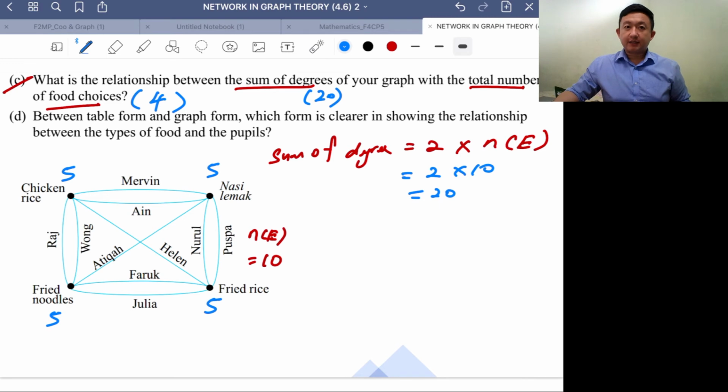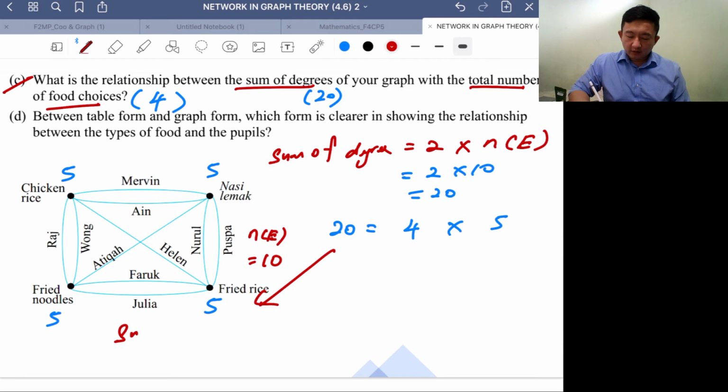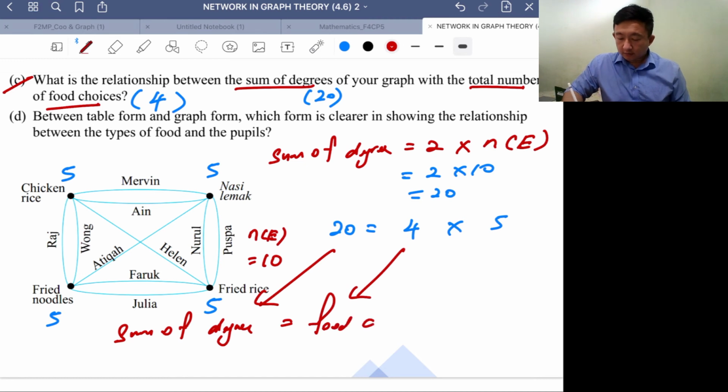What can you relate? 5 multiplied by 4 equals 20, right? So if you have 20 equals 4 multiplied by 5, what are those? Okay, 20 is the sum of degree. 4 is the food choices. And 5 represents the degree of vertex for each one.